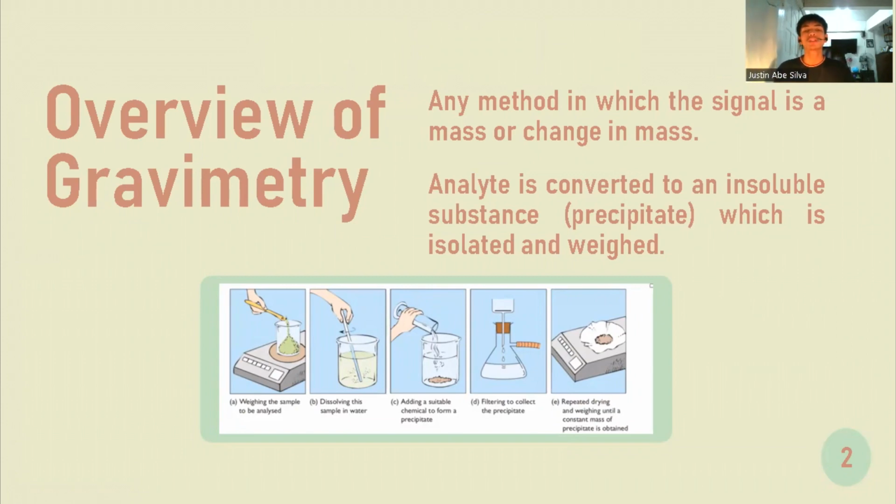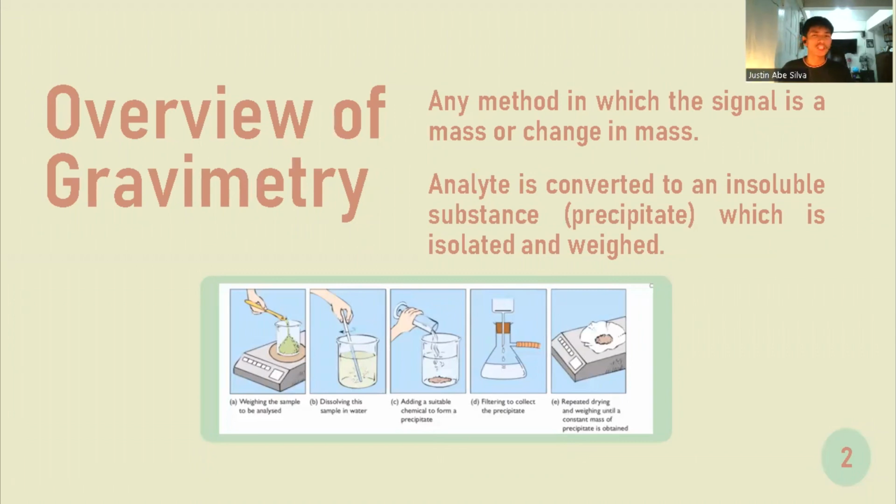Shown below is the general procedure on how we are going to conduct a gravimetric analysis. We start off with weighing our initial sample, and then if you want to form a precipitate, our sample should be dissolved in water. And then we are going to add certain reagents that can form a precipitate with our analyte.